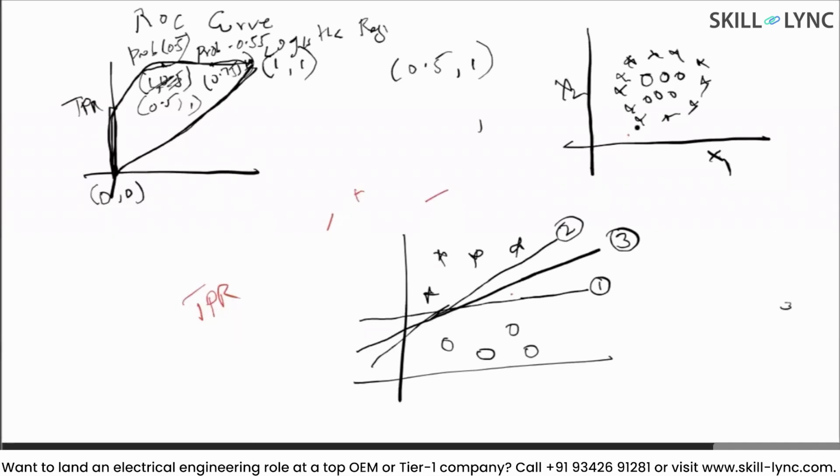Now how to segregate this using a hyperplane? So you're right, this should be the hyperplane. By looking at this graph, it's clear that this should be the hyperplane. But then how does a support vector machine do it? It would be very difficult for support vector machines to generate this kind of hyperplane, right?